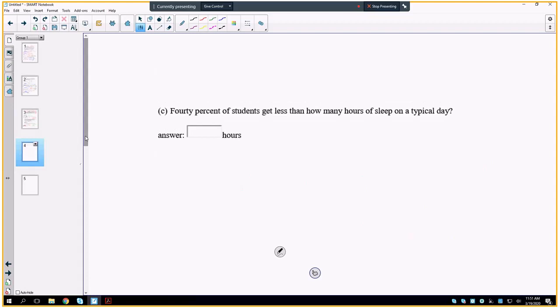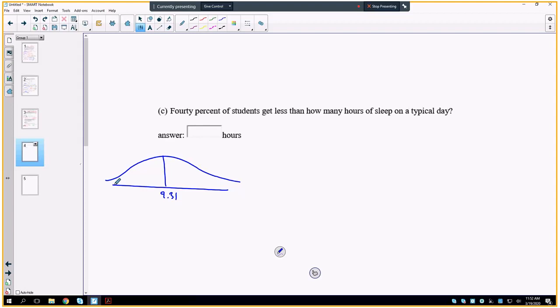Okay, continuing with this same question, 40% of students get less than how many hours of sleep on a typical day? Let's think about that. I know that my mean is right here at 9.31.